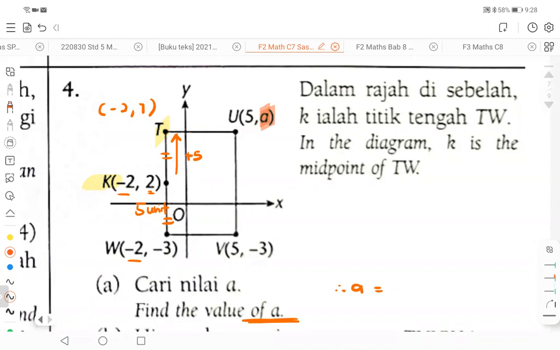So what is the value of A? Anyone? No idea? Same height, same floor, it will be 7. Just now we got 7. It's the y coordinate of point T, and point T and point U are at the same level, same y coordinate. So A equal to 7.